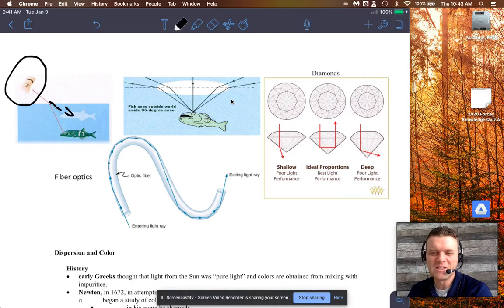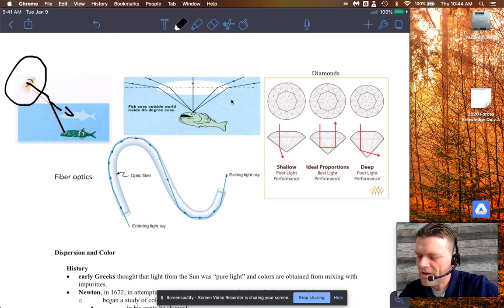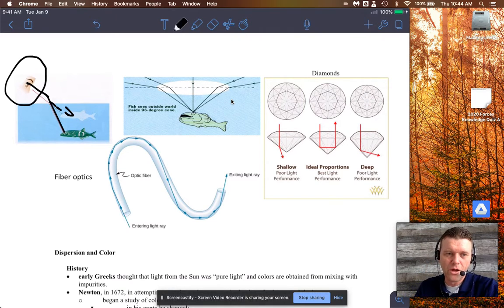That's really crazy, because what you're seeing is light that bounced off the fish and then bent away from the normal and came into your eye. So the fish is actually lower in the water than he appears, which is really cool. If you're spear fishing, you'd have to account for that. That's what I always think of. But if you get right above the fish, then that's exactly where he is, because there's no bending of light.